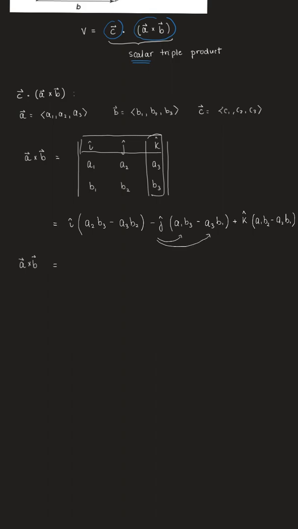So I'm going to rewrite this as I times A2B3 minus A3B2, plus J times, now when I distribute the negative, we'll have A3B1 minus A1B3, plus K times A1B2 minus A2B1.